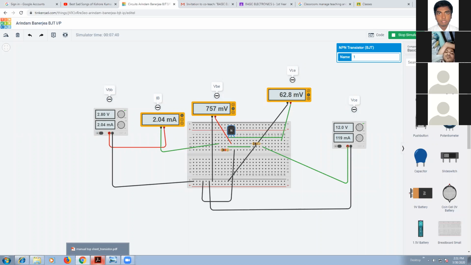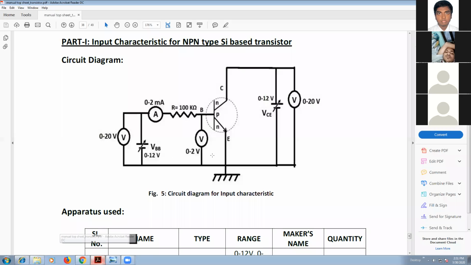Actually, the multimeter we keep in voltmeter mode. This multimeter, which acts as a voltmeter, is to be connected between base and emitter so that we can measure the base-emitter voltage.